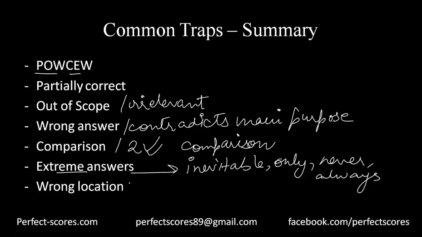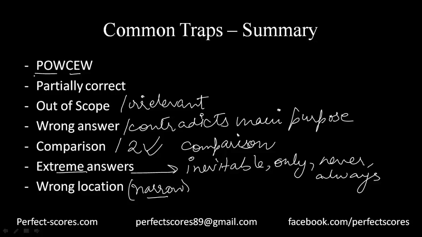So it's just like that example that I was giving, that I ask you for the main purpose of the entire passage, and the option gives you the main purpose of the second paragraph. Now that would be a wrong answer because it's very narrow. Let me put it down: narrow, and it may be correct according to the passage, but it's not answering that question. So it may be an answer to a separate question, but does not answer the question that is being asked right now. So that would be the wrong location and the wrong answer.